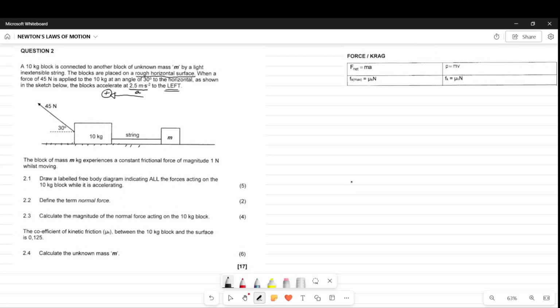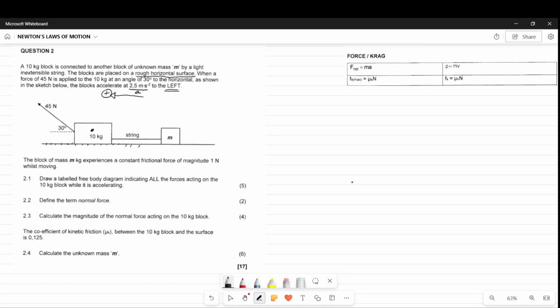Now they say the block of mass m kg experiences a constant frictional force of magnitude 1 newton whilst moving. Question 2.1: draw a labeled free body diagram indicating all forces acting on the 10 kg block while it's accelerating. Let's get our force diagram.